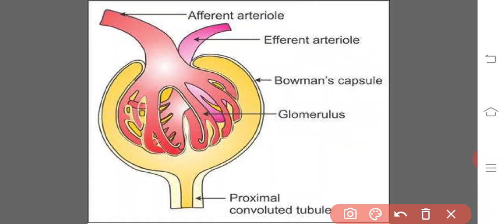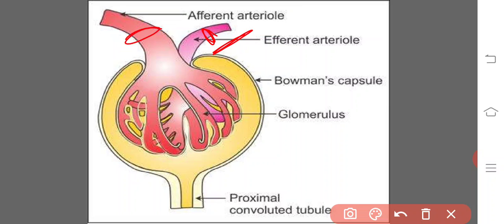One more thing we have to remember, the diameter of the efferent arteriole is comparatively less than the afferent renal arteriole.